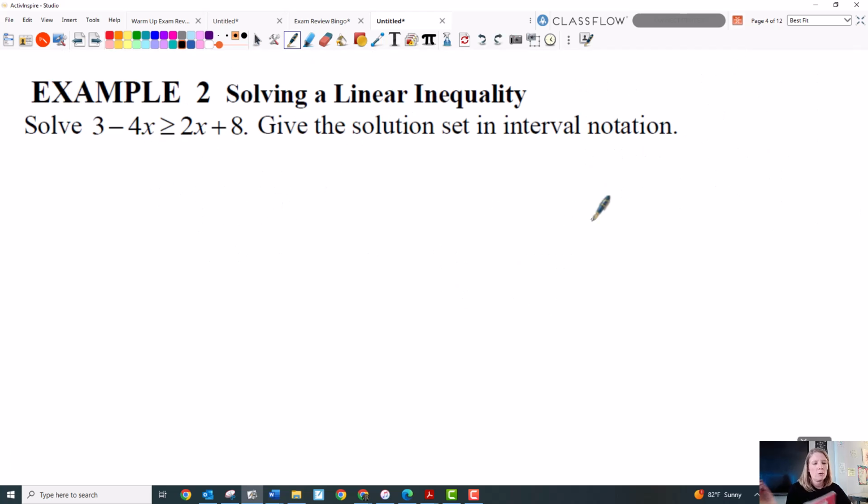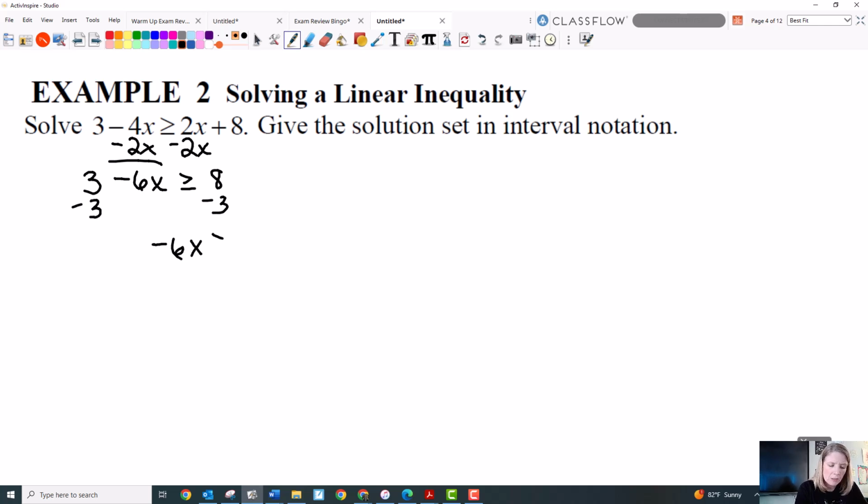Okay, it says give the solution set in interval notation. So I'm going to get all my x's on the left side. I'm going to minus 2x from the 4x, get negative 6x, bring down my 3, minus the 3. So negative 6x is greater than or equal to 5. I divide by negative 6. When I divide by a negative, I flip my sign.